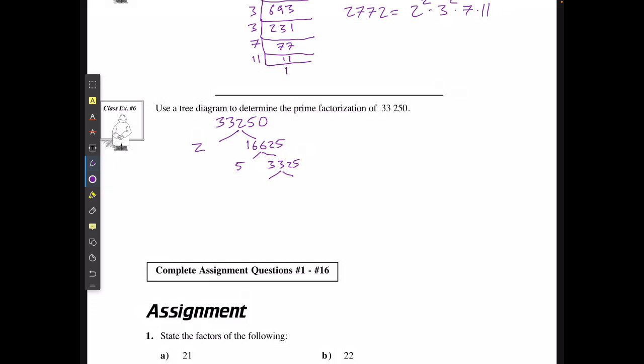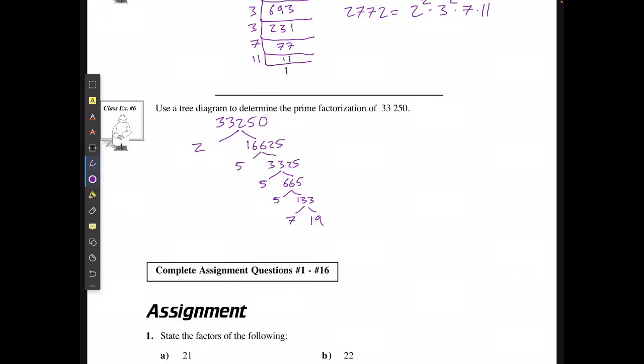And I get 665. I can divide that by 5. And I'm going to get 133. That's not divisible by 5, but I can divide that by 7. And I get 7 and 19.